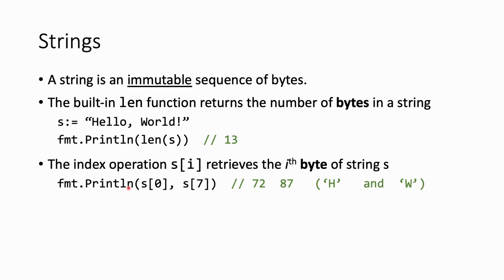You can retrieve the byte at a given index in a string using the index operation, which is denoted by square brackets as in arrays. In particular, to retrieve the byte at index i of string S, we write S, then open bracket, then i, then close bracket.